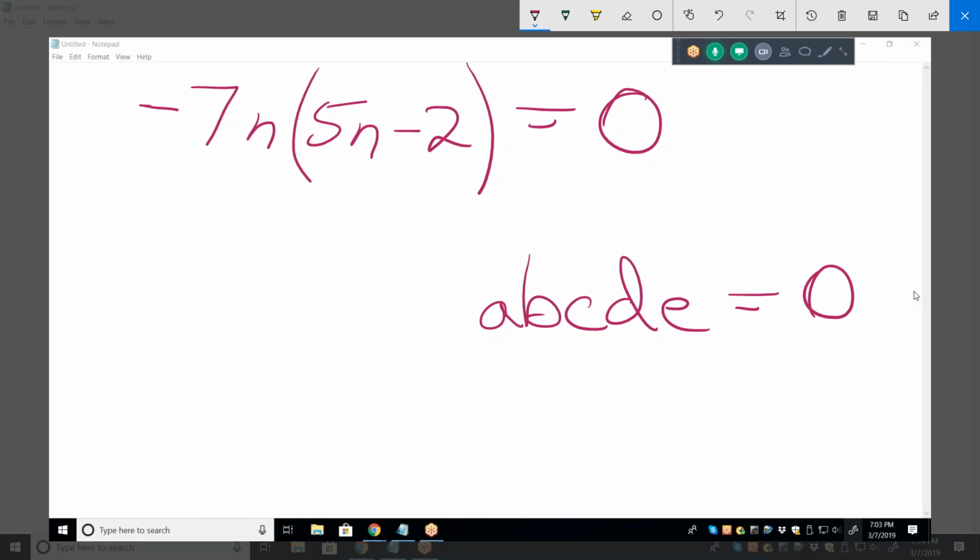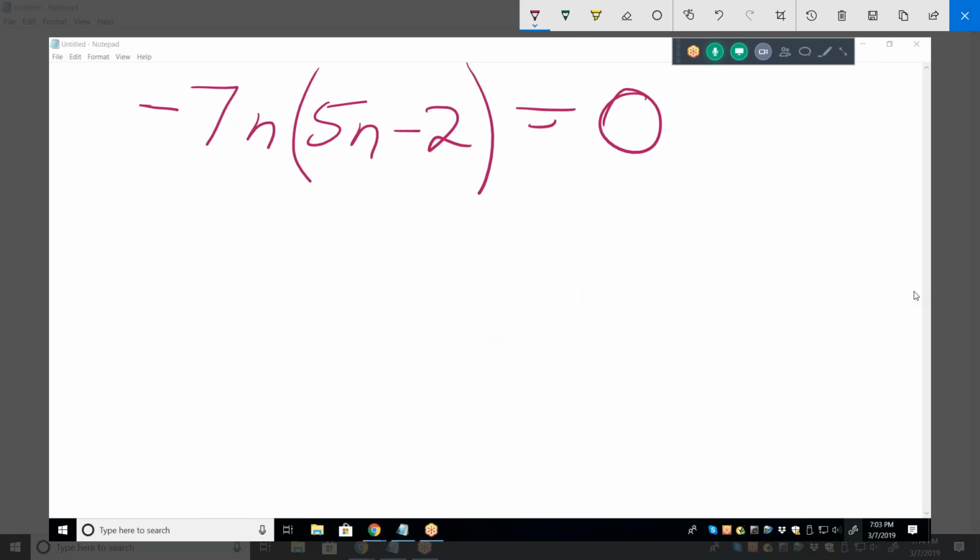Because you're going to run into equations where you have 2 things multiplied together. They're equal to 0. And you're going to set each of them equal to 0. And one of them is actually not a correct solution. So what the first law of algebra says is that one of them has to be 0.